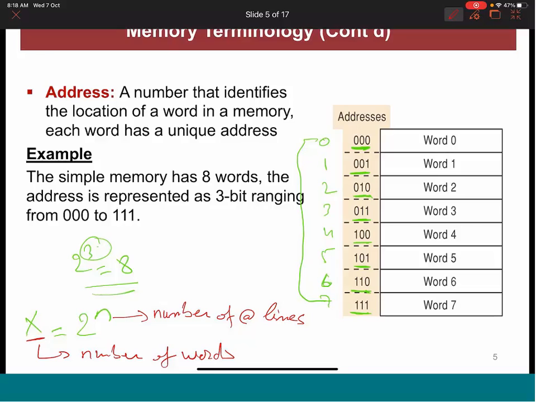Right? So this is the general case: x is equal to 2 power n. So if I know the number of words, I will know how many bits I need in my address.